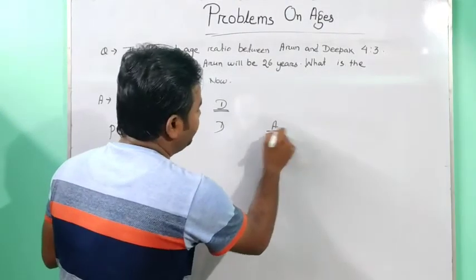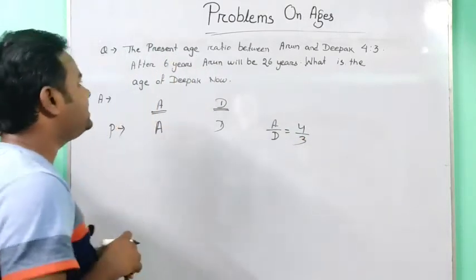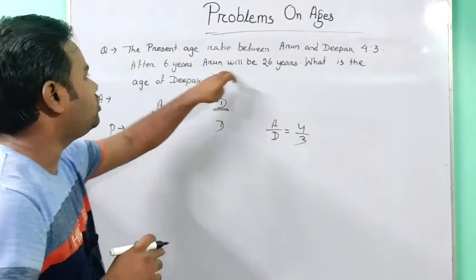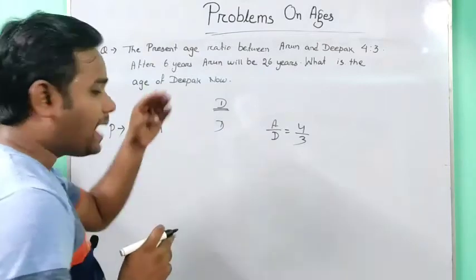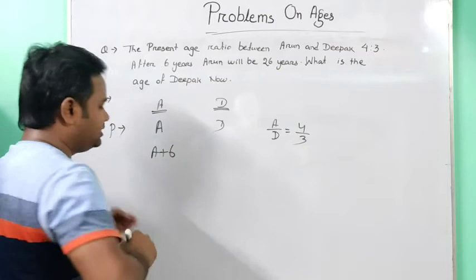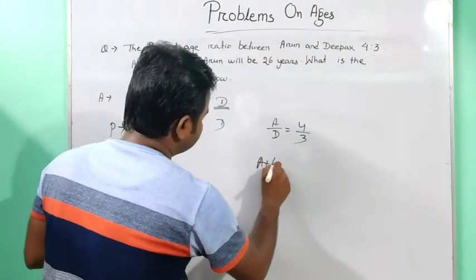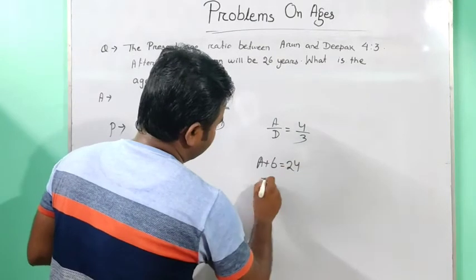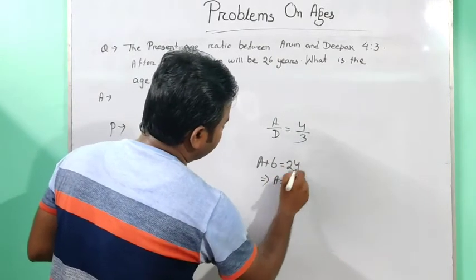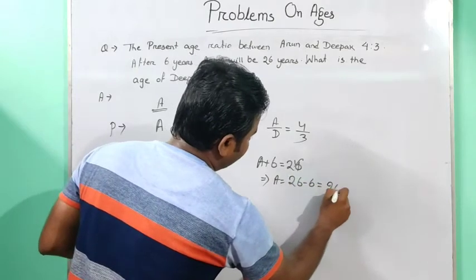So A by D is equal to 4/3. Next it is given that after 6 years Arun will be 26, so A plus 6 is equal to 26. Here I get A is equal to 26 minus 6, which is 20 years.